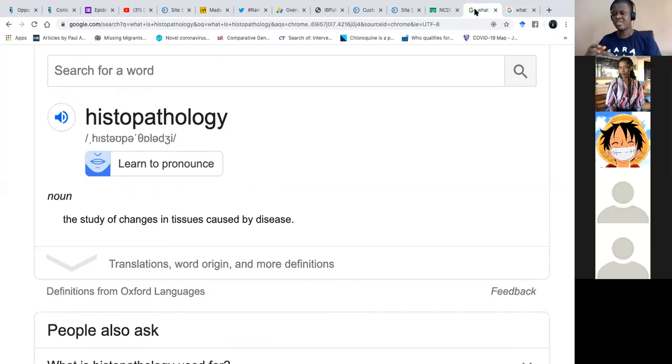So histology is the study of microscopic structures of tissues, while histopathology is the study of changes in tissues that are attributable to diseases. There are diseases in medical laboratory science.